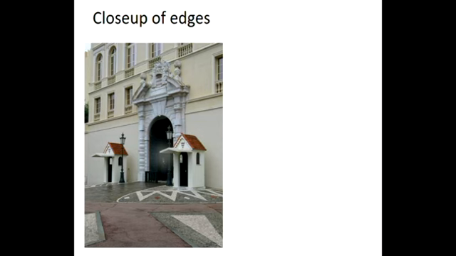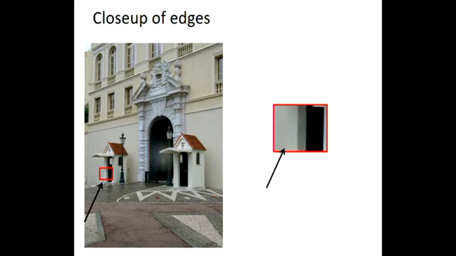We also see this edge pretty easily, the edge between this little guardhouse and the palace behind it. But as I'll show, there's not really any edge there in terms of intensity. So this is a zoom in of that region.